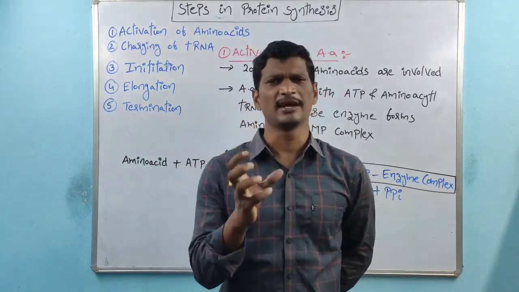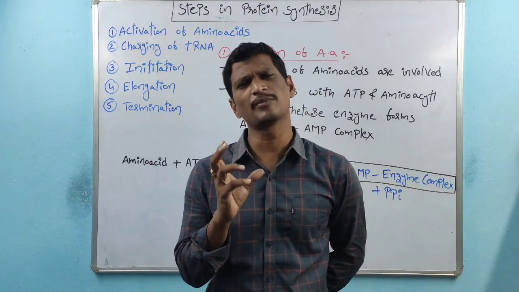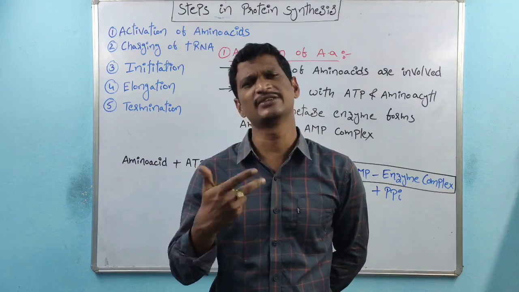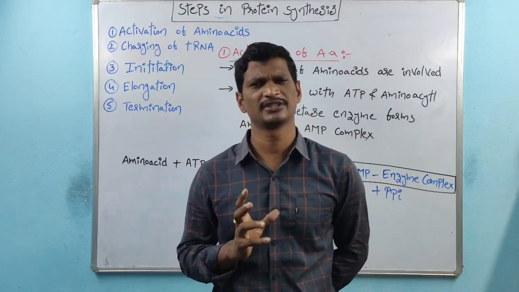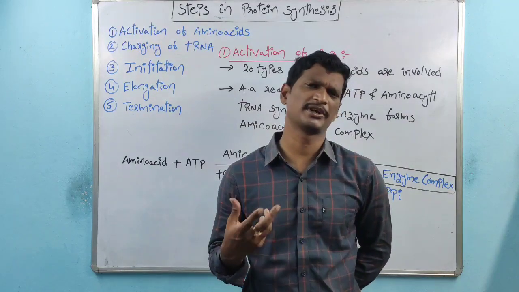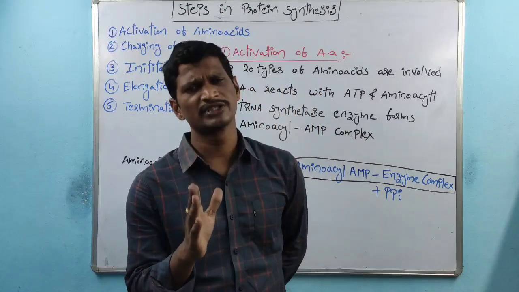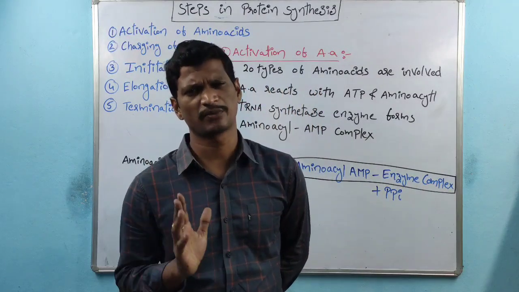What I am telling here is that an amino acid contains an amino group and a carboxyl group. These are activated, and once these are activated, they are involved in the peptide bond formation. Not only that, protein synthesis is a very, very specific process.